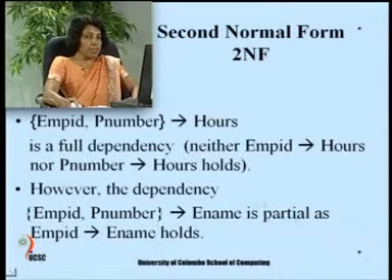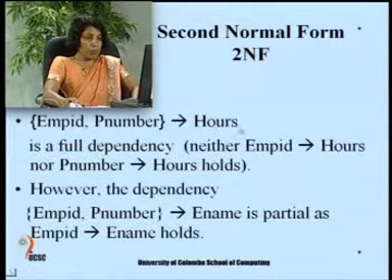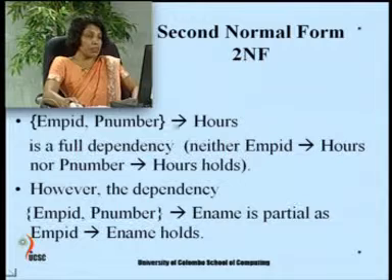If we illustrate this through an example, we can take employee ID and project number as the determinant of the number of hours that an employee is working for a particular project. Employee ID and project number together determine the number of hours.